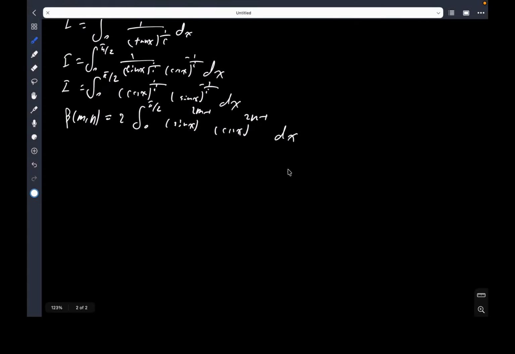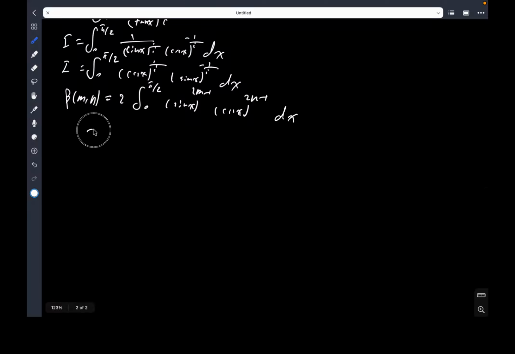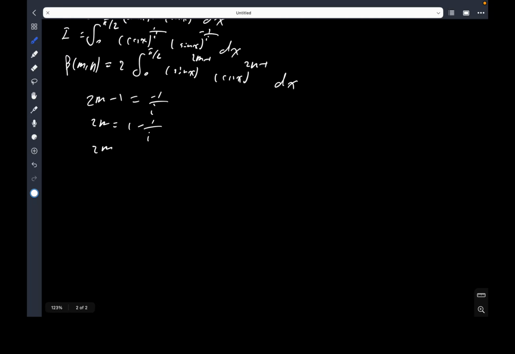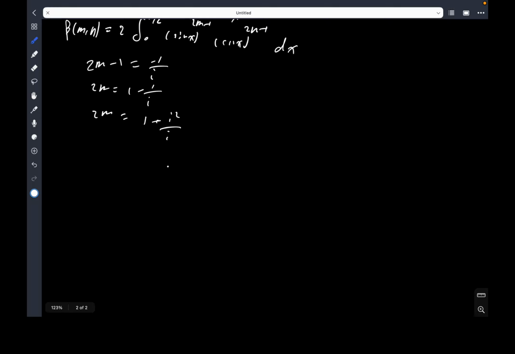And I can say that I want to make 2m minus 1 equal to negative 1 over i. Thus 2m is going to be 1 minus 1 over i. I can define 2m to be 1 plus i squared over i. If you multiply both sides by i, you're going to see why.